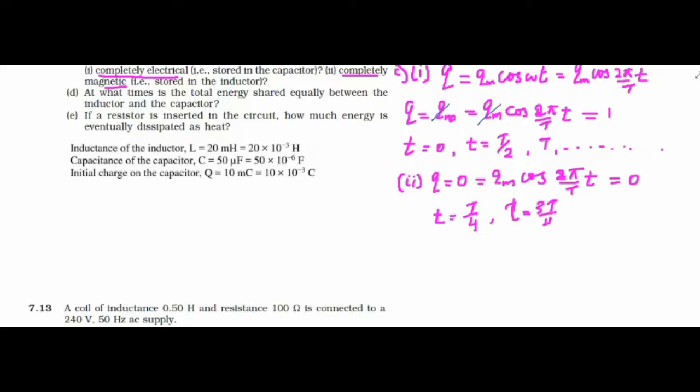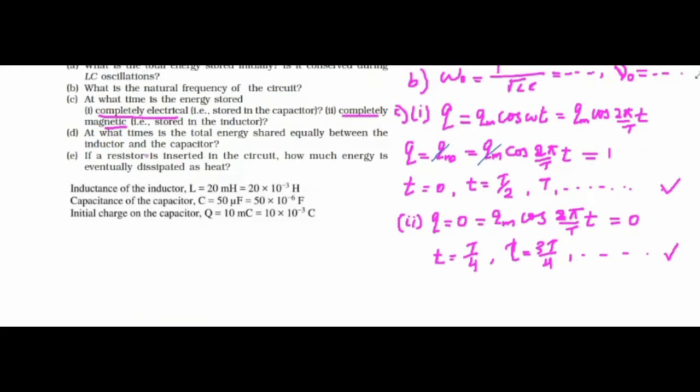That means 270 degrees you will get. So for these values, T/4, 3T/4, 5T/4, etc., there is no charge in the capacitor. As there is no charge in the capacitor, the whole energy is stored in the inductor. So these are the answers for the first and second part of C.